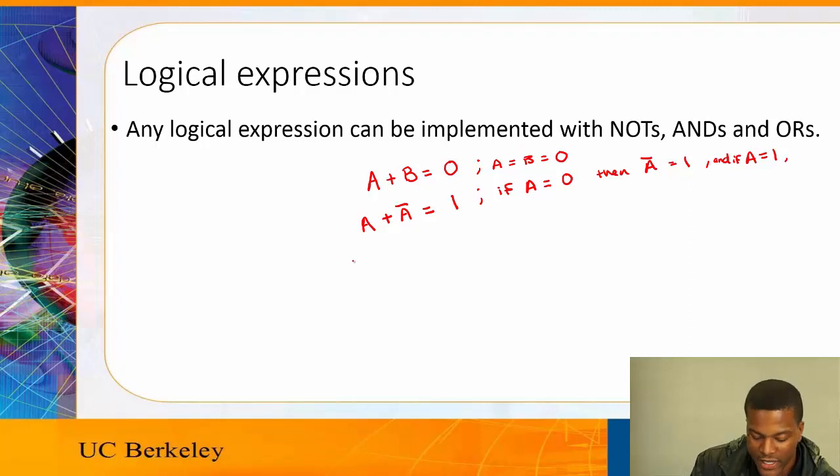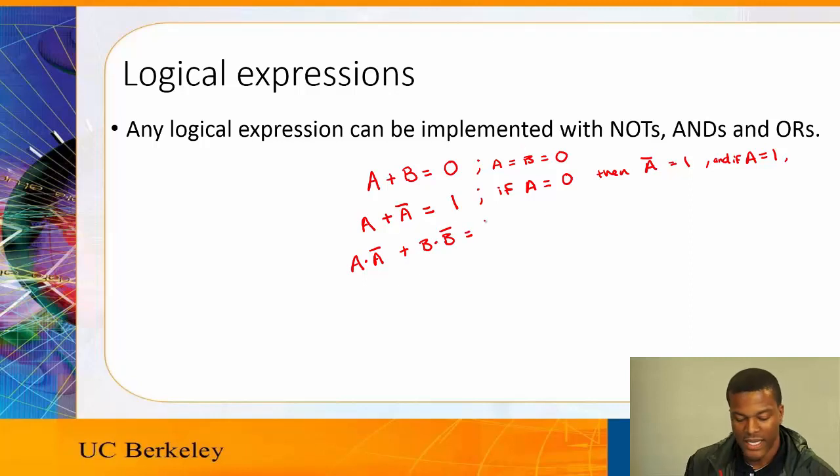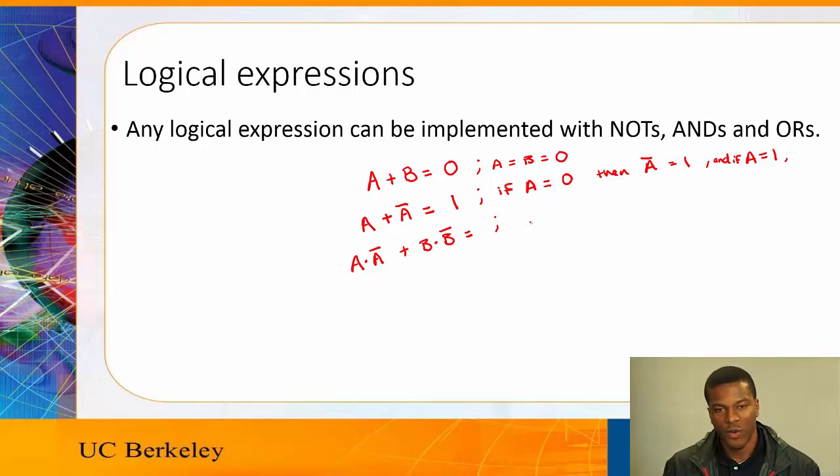So as one final example, let's say you have an expression that looks something like this. What would be the output of this expression? So let's break it down piece by piece.